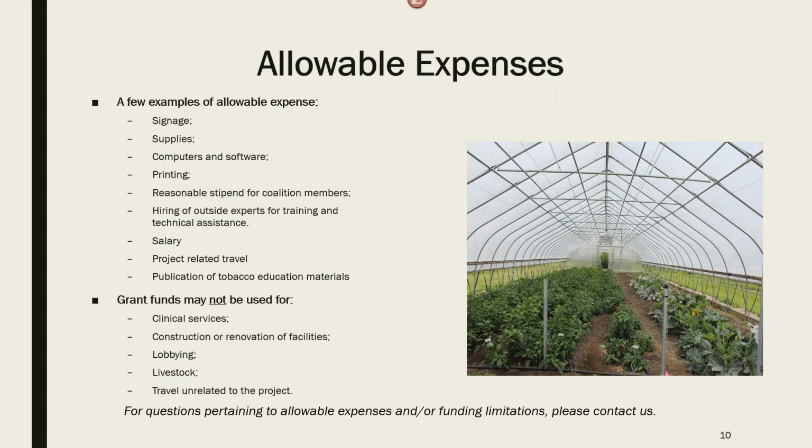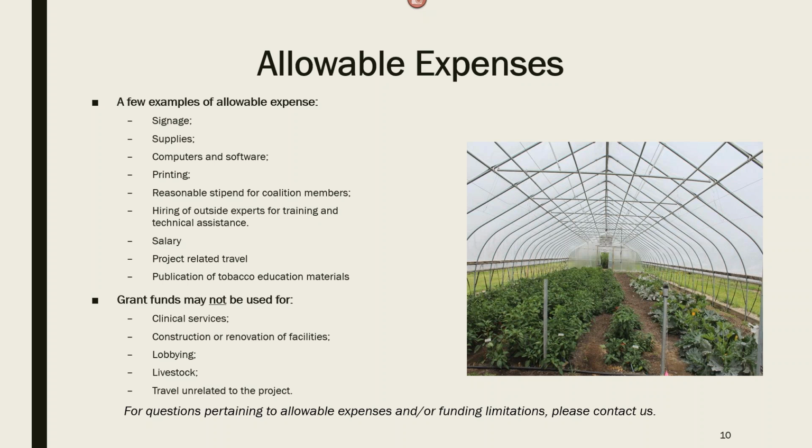As far as the allowable expenses, you can use the funds from this project for signage, supplies, software for computers, printing, and a reasonable stipend for coalition members. That has to be very small. Hiring of offsite experts for training and technical assistance, for example.